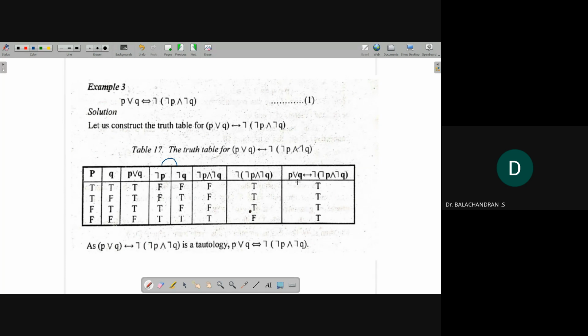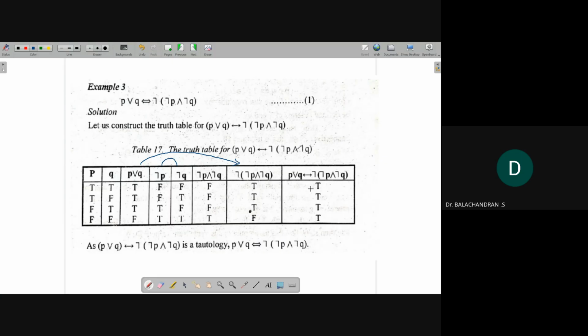Next, P or Q: you are going from here to here. It is false only if both are false. In all the other cases, it is true.